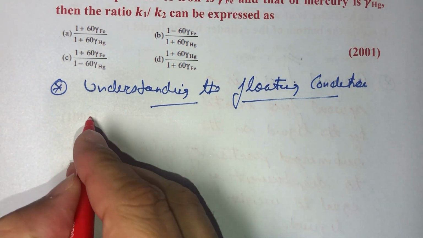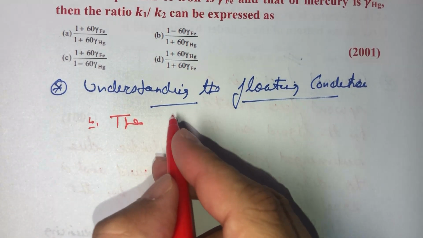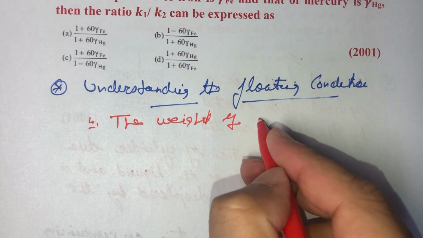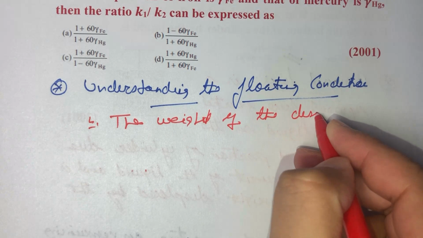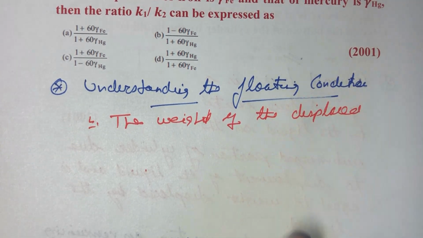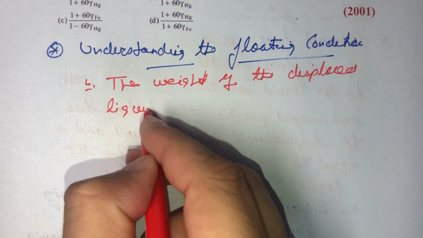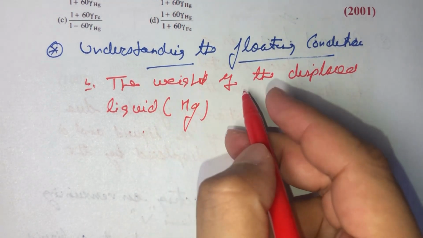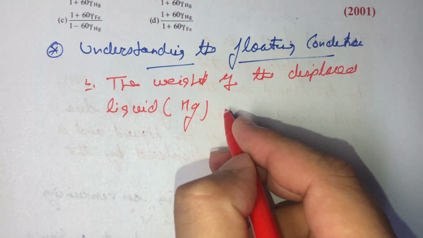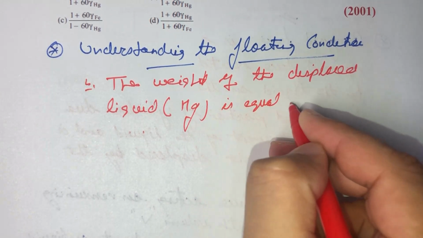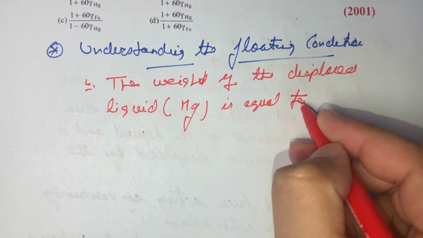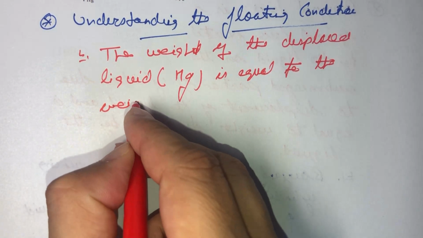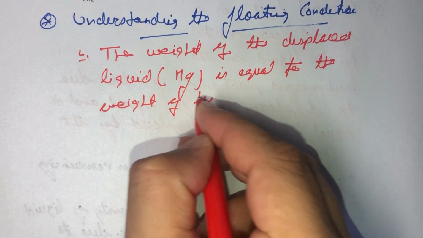So we can say that the weight of displaced liquid, and in this case it is mercury, so let us write it Hg, is equal to the weight of the object.